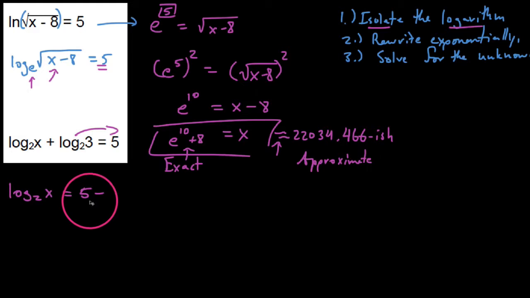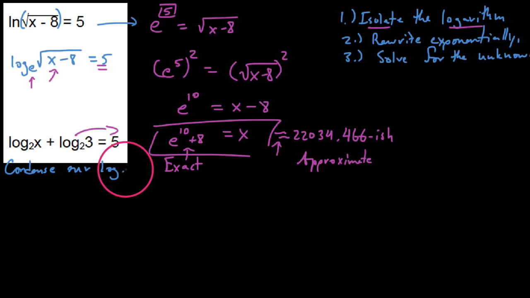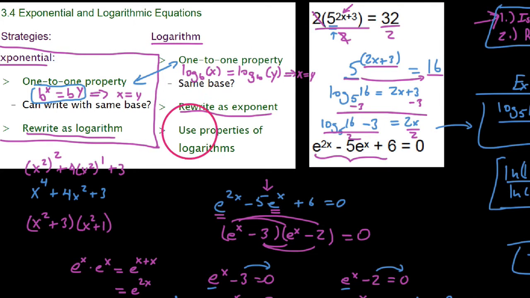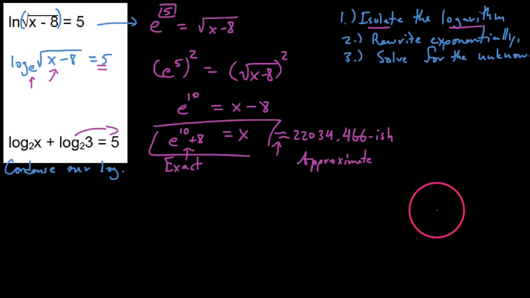So in an instance where you have more than one log, what we're going to do is condense the log. So this is a little note you might write here, but we're going to condense our log. And that essentially is what you see on this table over here saying use the properties of logarithms. So what I remember about the properties of logarithms are these.